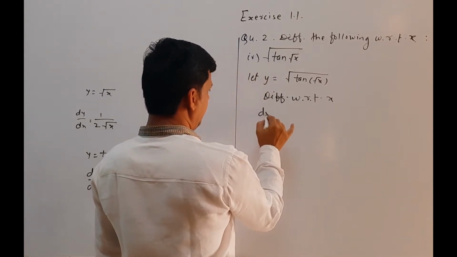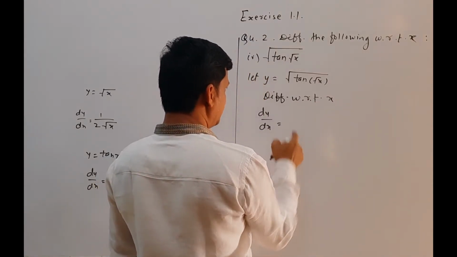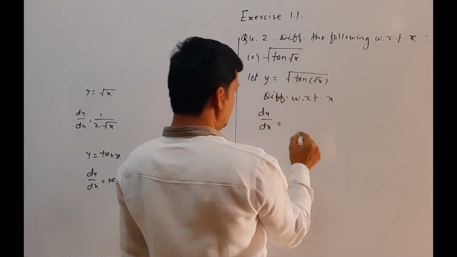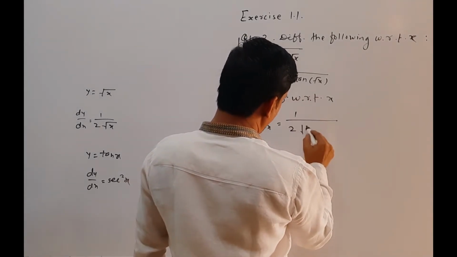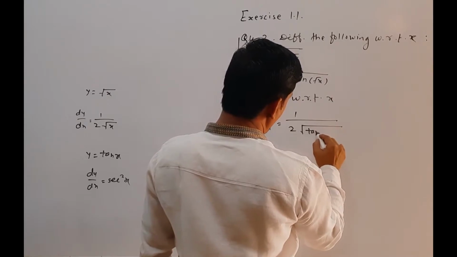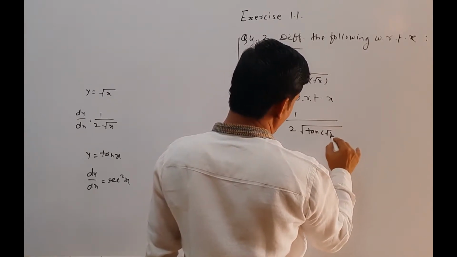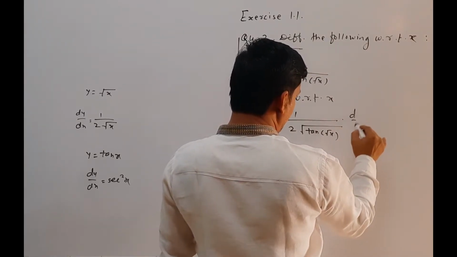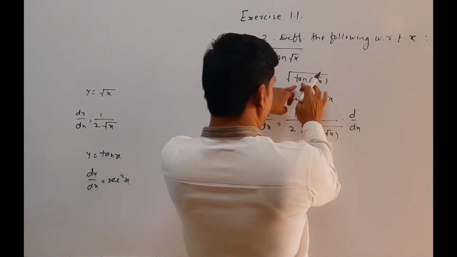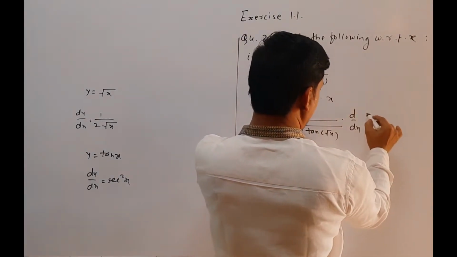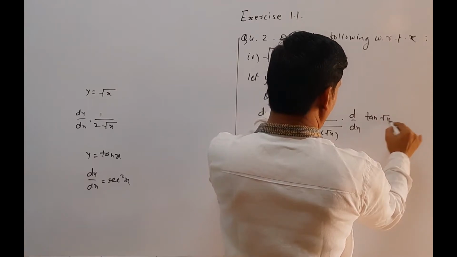So we write the derivative of y as dy by dx. The outer function is this root. So we write 1 upon 2 root, with the value in the root as it is, tan of root x. Then d by dx of this inner function, that is tan of root x.